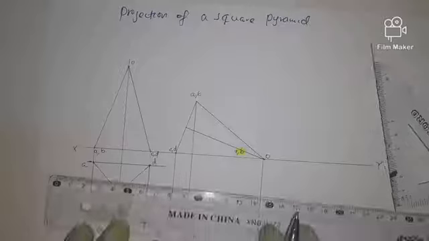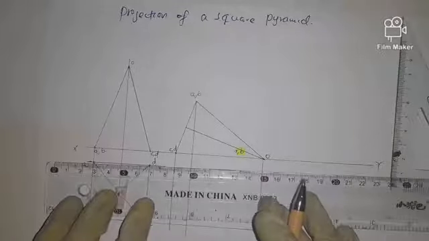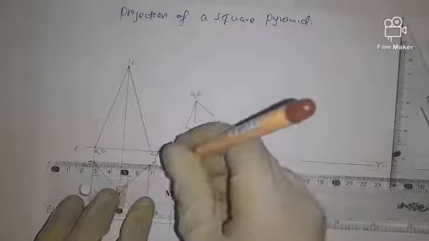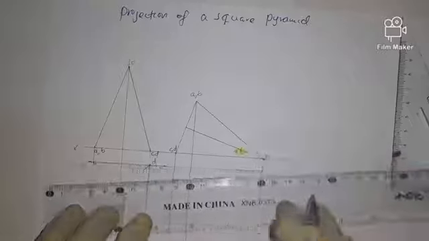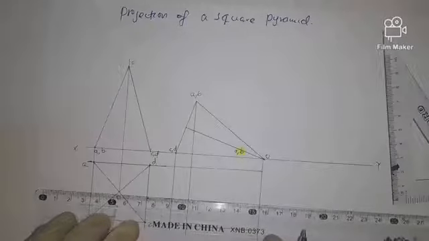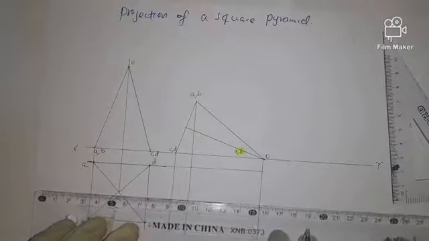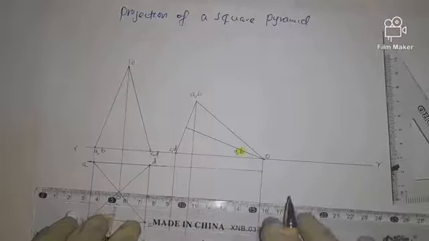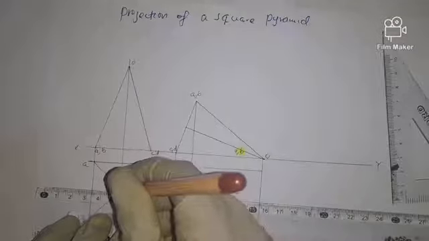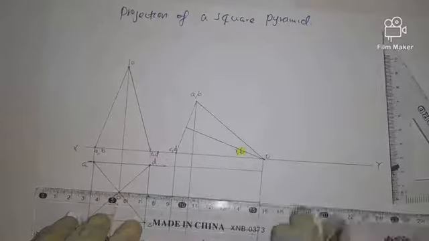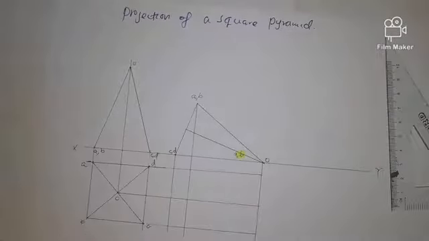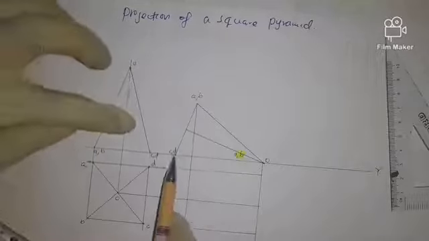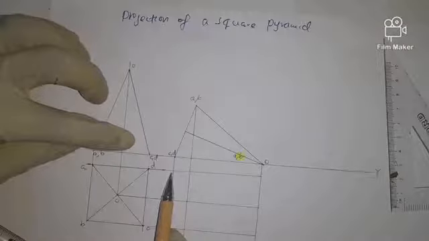Then we project this, and then we project the center or the vertex. Once we project that, we realize that D and D is here.